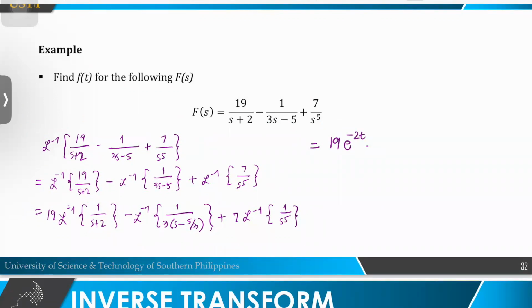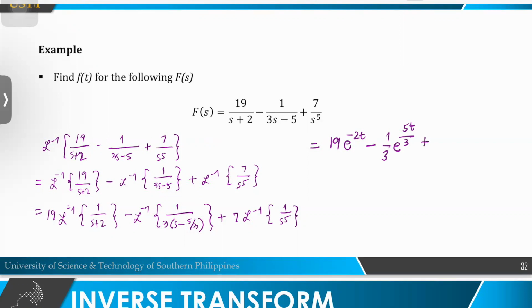Minus, this one has 1/3, you can factor out the 1/3 here, and then you are left with 1 over s minus 5 over 3. Meaning your alpha is 5 over 3 in your exponential function. So that is minus 1 over 3 e to the 5t over 3. Okay, I hope you're following.